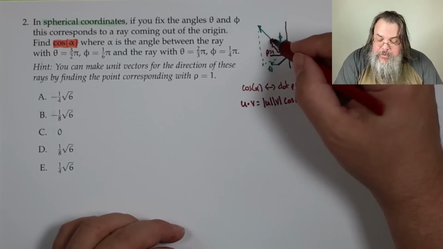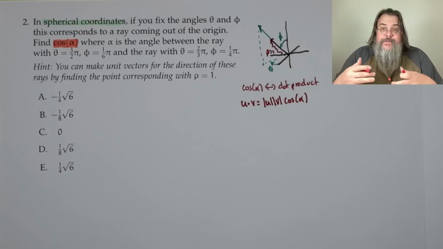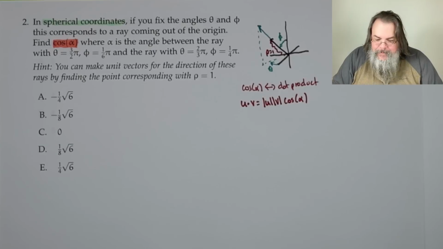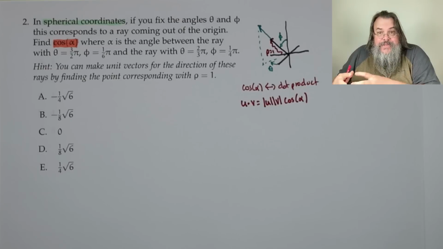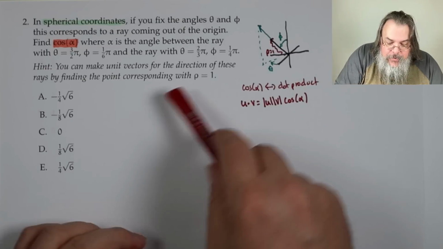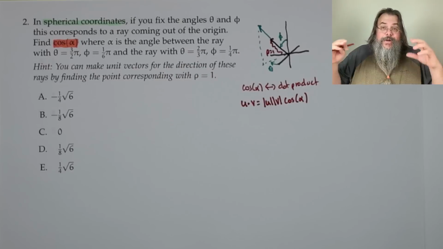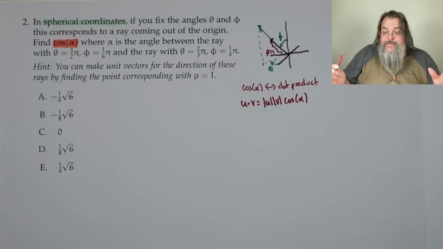And this point, I just turn it into a vector, and that's the vector pointing in the direction I need. Nice. All right, so we have an idea. We need to make the points corresponding with rho equals 1 and these combinations of theta and phi. If we do that, we turn them into vectors, dot product, life is good.